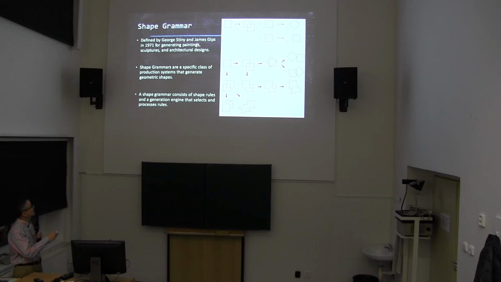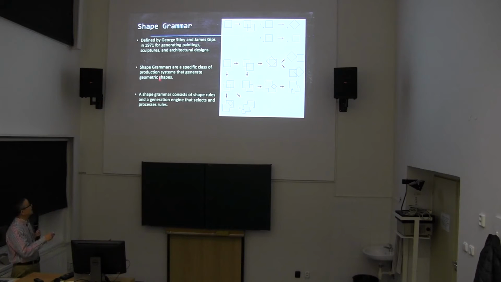Basically, by George Stiny and James Gips, these are just the grammar rules. You can see left graph, right graph, they are just shapes. Based on these rules, you can generate all sorts of different shape combinations.